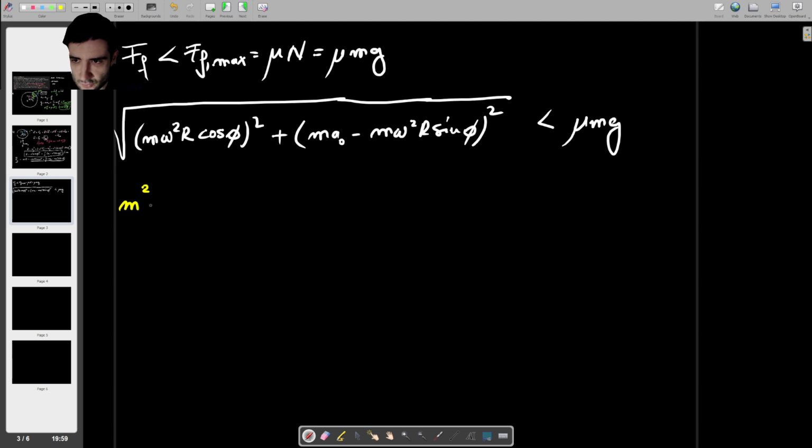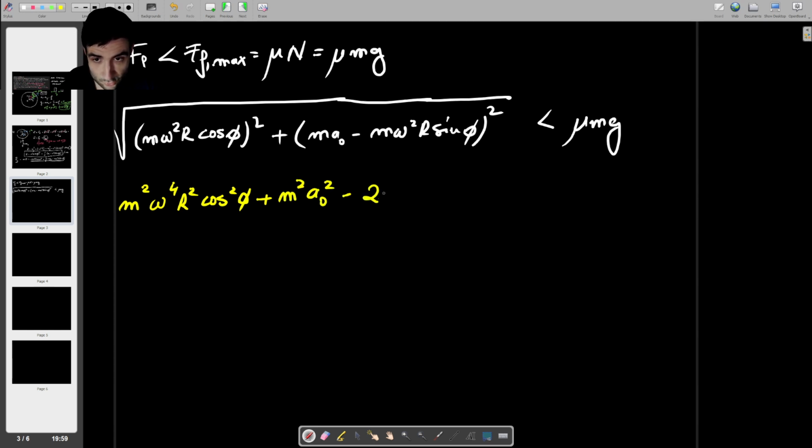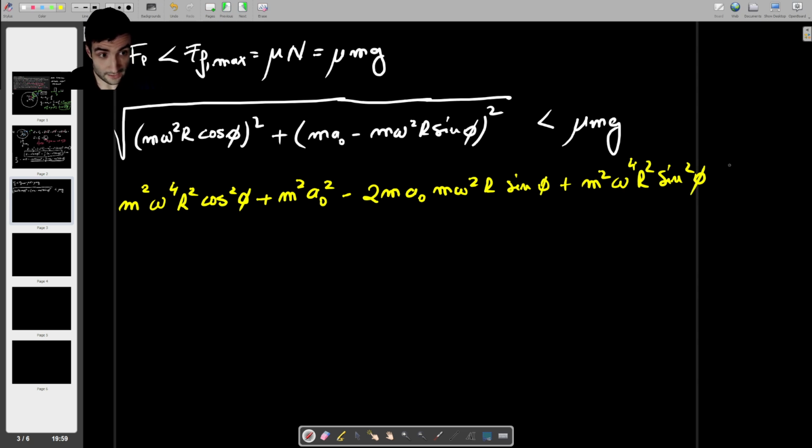So I have m squared omega to the 4 r squared cosine squared of phi, and then we expand the second bracket, so we have m squared a0 squared minus 2m a0 times m omega squared r sine phi plus m squared omega to the 4 r squared sine squared of phi, and this is less than mu squared m squared g squared.